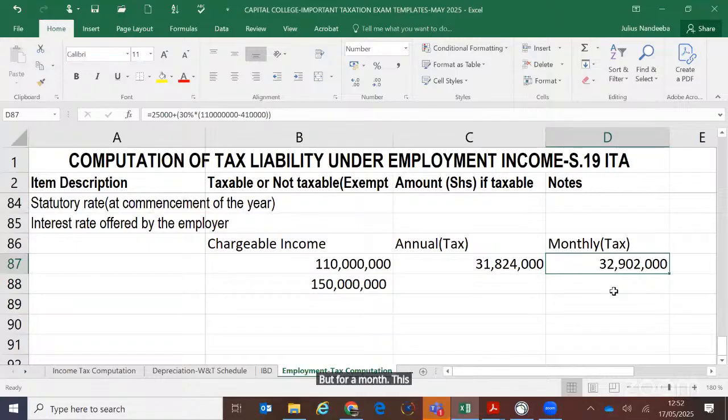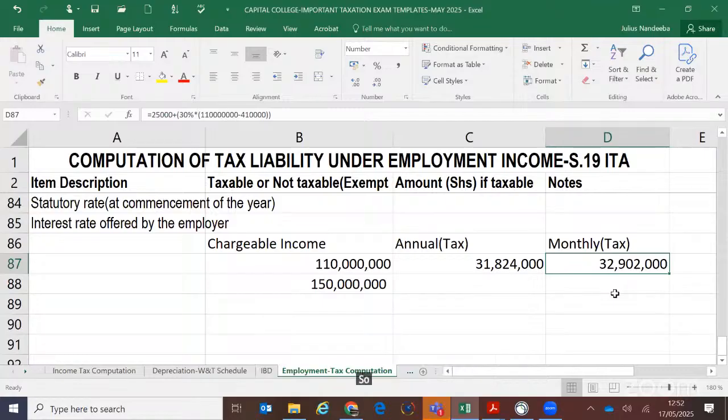This guy is earning 110 for a month, or is earning 154 a month. That is what I meant. So we have the same person, or we have two people. One is earning it for a year, another one is earning it for a month. But that's how the numbers would work out.